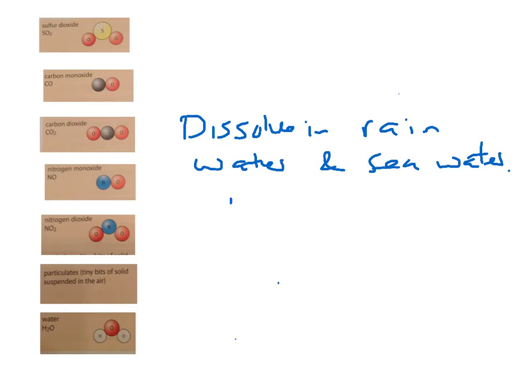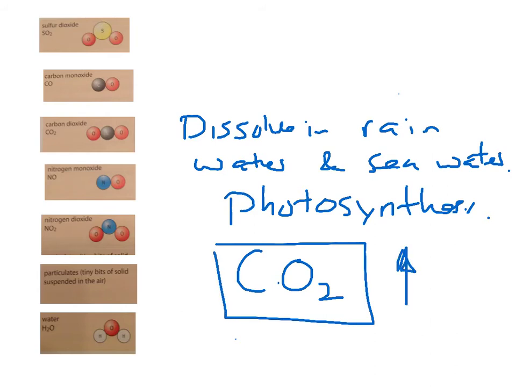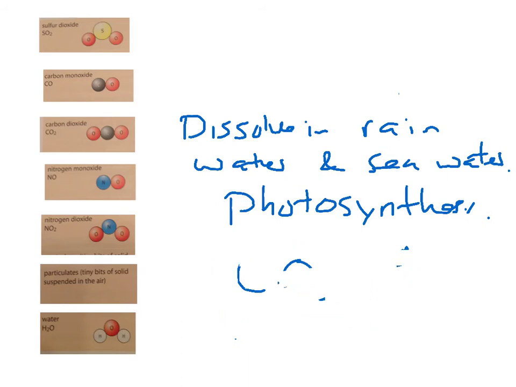Obviously plants use it for photosynthesis. But as we've just mentioned, it's a greenhouse gas. Increasing levels of CO2 will trap more energy in the Earth and cause the temperature of the planet to increase. So that's carbon dioxide.